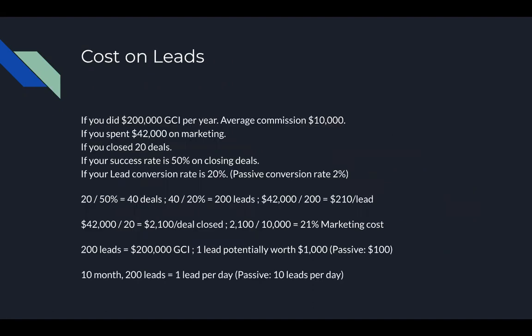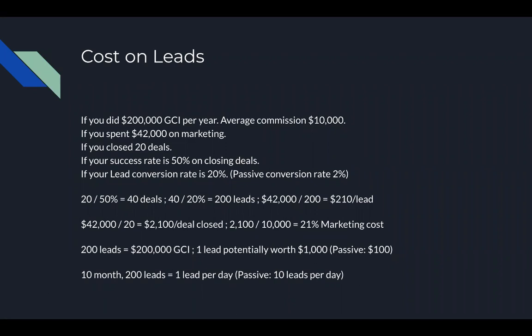For the cost per lead, you have to calculate which methods are more effective. If you make $200,000 commission per year, with an average commission of about $10,000, that means 20 deals.